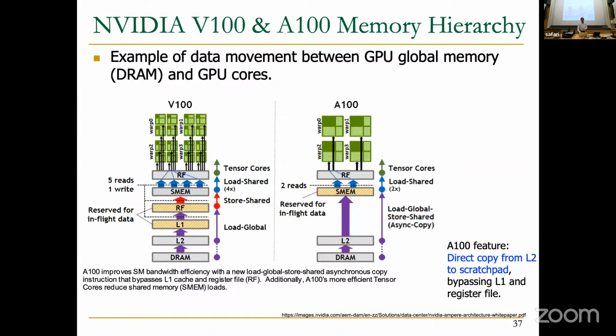Okay, let me give you some other things. I'm not going to talk about this in detail, but I decided that we would use some real examples. So in some cases, the programmer can decide to bypass caches. I mentioned some prefetch instructions or non-temporal load instructions earlier, but in this particular case, in an NVIDIA GPU, A100, for example, you can bring data from L2 cache directly to the scratchpad.